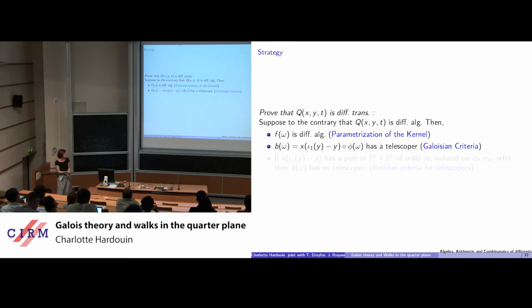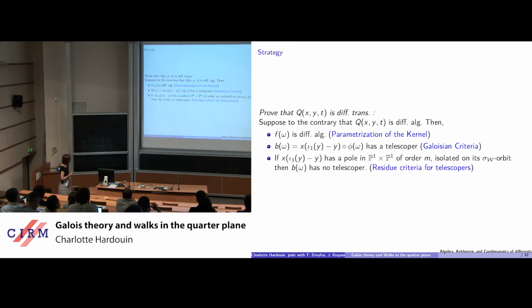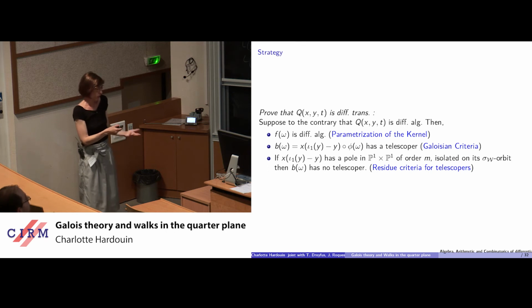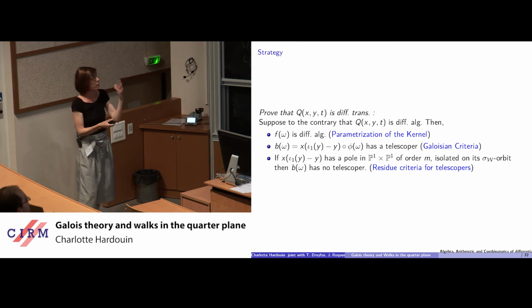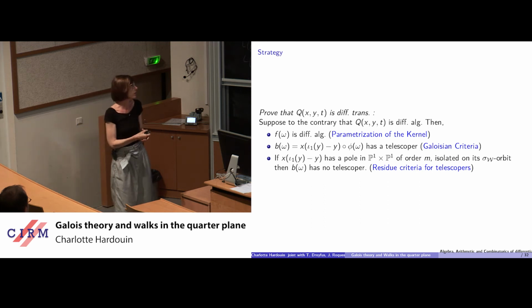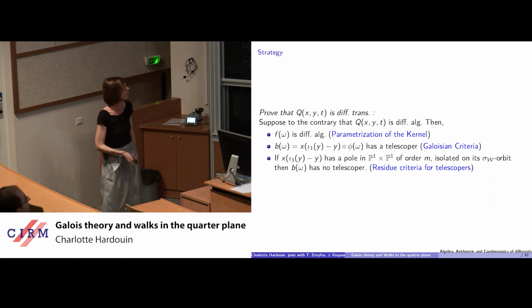Then via the Galois criteria, this question of differential algebraicity reduces to a question of existence of telescoper. Finally, if you use the residue criteria, you have to show that the function has only one pole that is isolated on its orbit. And then you are done. You have proved that B has no telescoper.